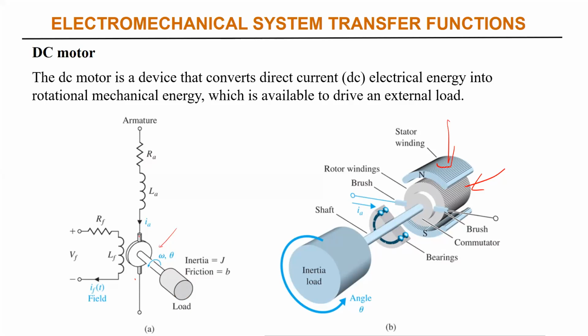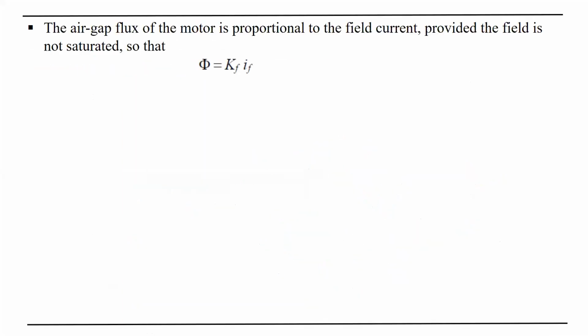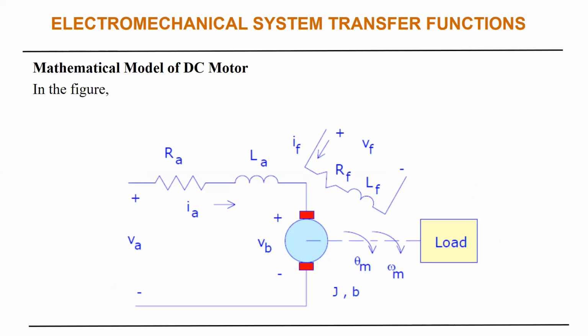What we want to do in this lecture is find the transfer function between theta, our output, over VF of S, keeping IA constant.